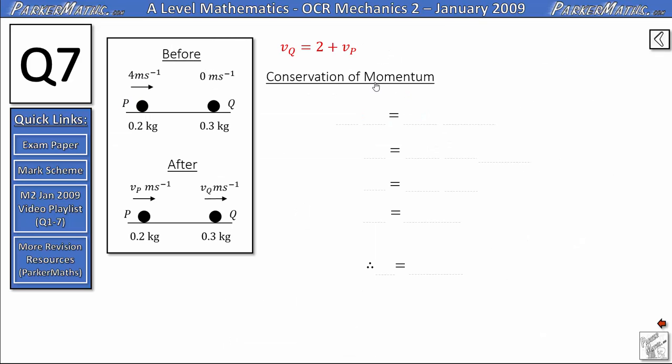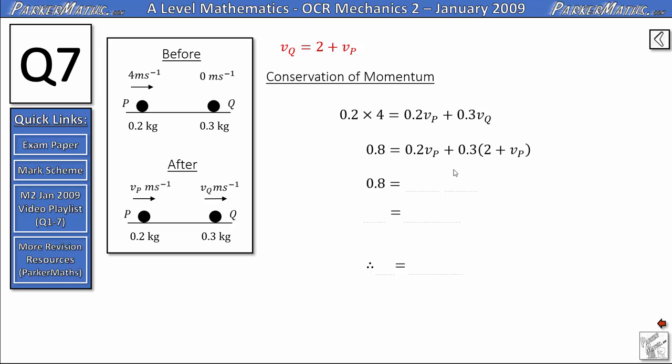Next up, we'll think about conservation of momentum. Before the collision, only P has momentum, and that's equal to 0.2 times 4. After the collision, the momentum of P will be 0.2 multiplied by Vp plus 0.3 times Vq. 0.2 times 4 is 0.8, and using the equation earlier where Vq equals 2 plus Vp, we can substitute that in, giving us 0.2 Vp plus 0.3 multiplied by (2 plus Vp).